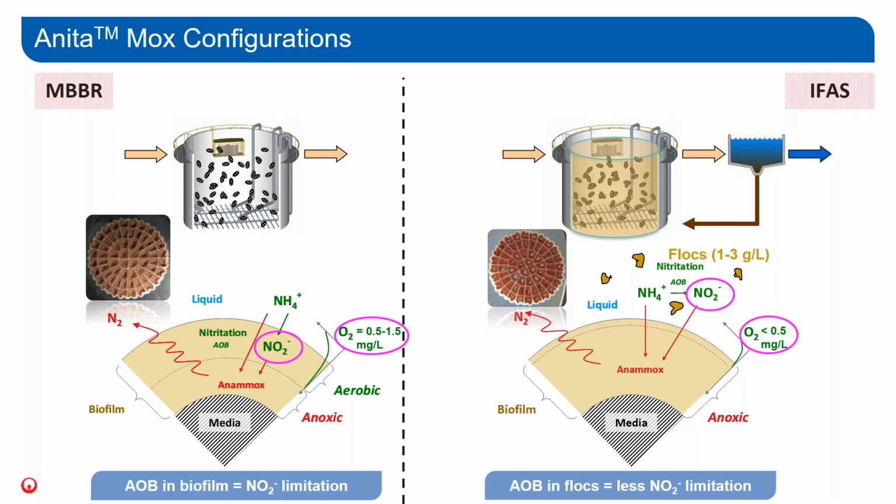So what you see on the left is a full biofilm where we have NO2 limitation with the penetration of oxygen through the biofilm, and through additional configuration on the right, we remove that limitation step into the suspended stage from the fixed stage and provide the entirety of the biofilm for the Anammox microorganisms to accomplish the ammonium oxidation.